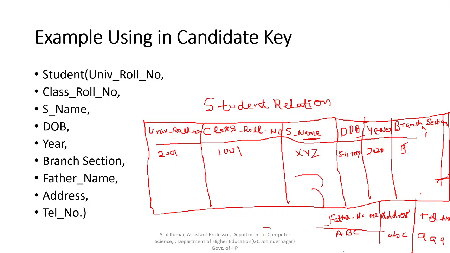Now I have entered one row, and the row is 2001, 101, the name of the student is XYZ. This entry that I have entered in this relation is called a row of this relation. This is called the first row, and in terms of database this is called a tuple.